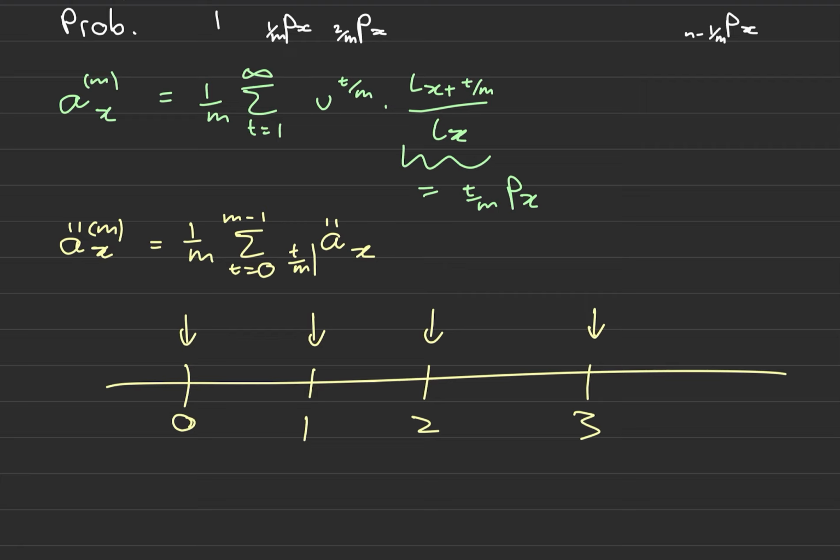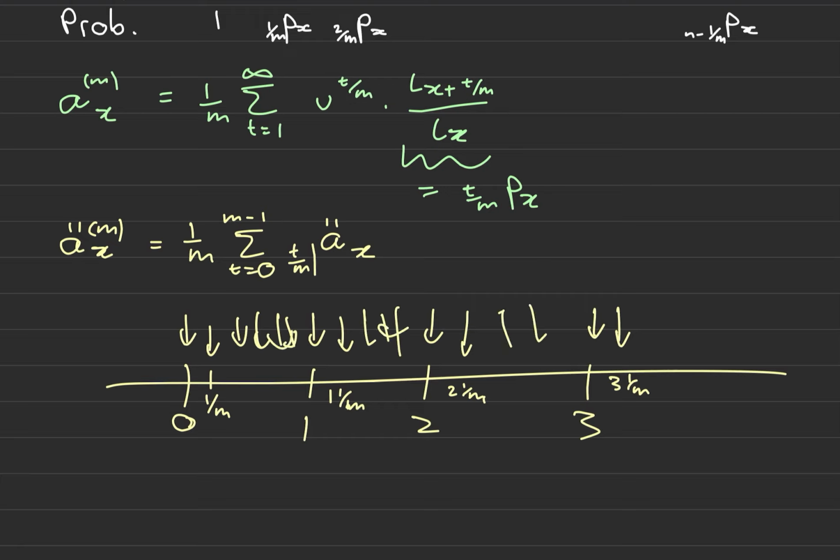So then what I'm essentially saying is I'm adding a payment that happens at time 1 over m, a payment that happens at time 1 and 1 over m, a payment that happens at time 2 and 1 over m, a payment that happens at time 3 and 1 over m, etc. And then I keep adding in all the rest of these lines until I have m in each year.